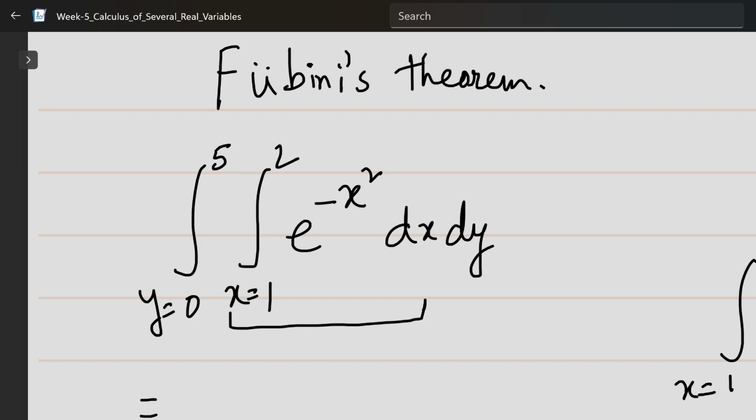Are you able to find this directly? Any idea how to find it?